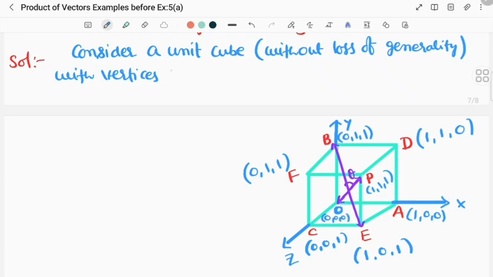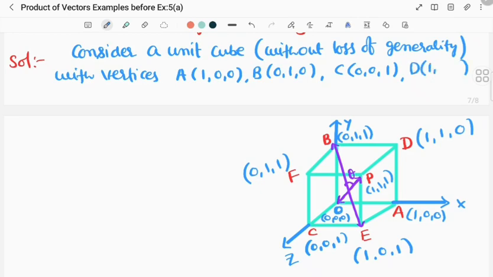So with the vertices, whatever I wrote here, these points you have to write again. A (1, 0, 0), B (0, 1, 0), C (0, 0, 1), and D (1, 1, 0), E (1, 0, 1), F (0, 1, 1).